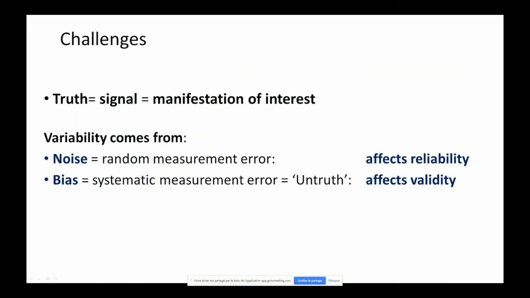Sometimes, however, the variability doesn't come only from the signal, because we would like to have all the variability in the signal, but it can come also from the noise, which is expressed by the random measurement error, which affects the reliability, or the variability can come from the bias, which is expressed by the systematic measurement error, so the fact that we are not measuring what we have to measure, and this affects the validity of the instrument.